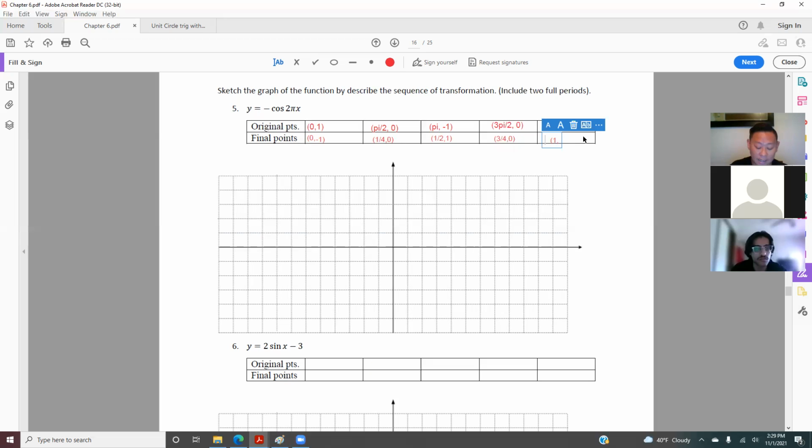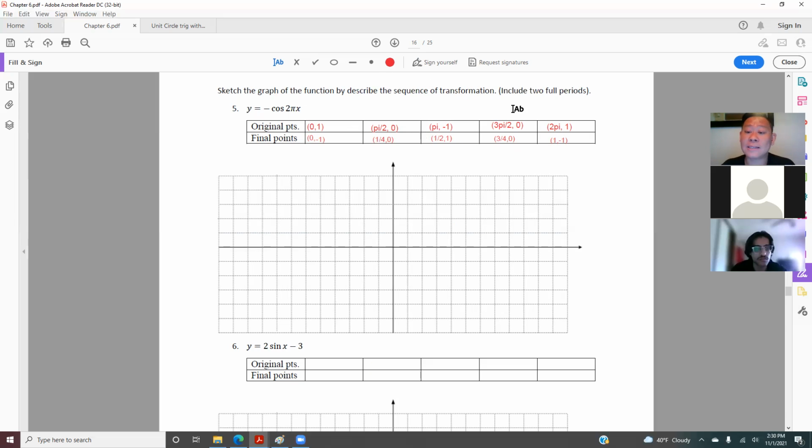And then 1 times -1 is -1. So the y value in this case depends on your a and your d. Since your a is -1 and we don't have a d, we take all these y values and multiply them by -1. So now these are our endpoints for our cosine.